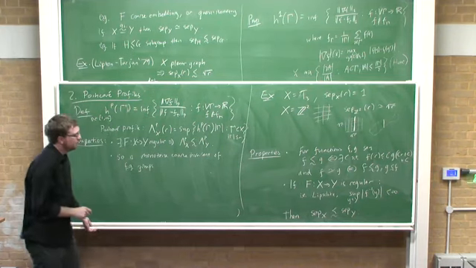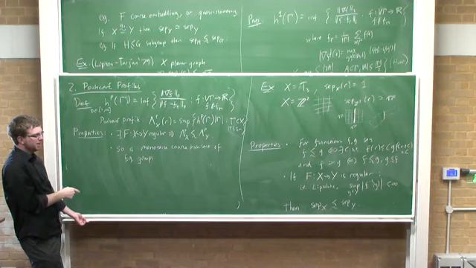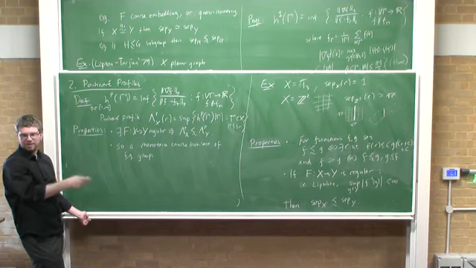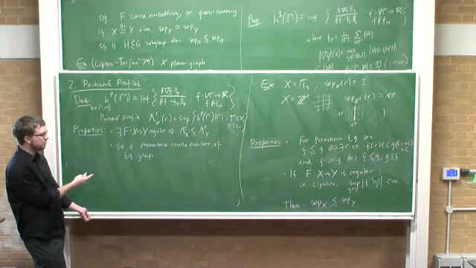In other words, if one group coarsely embeds into another, then for any particular p you care to look at, you get this order preserving property.